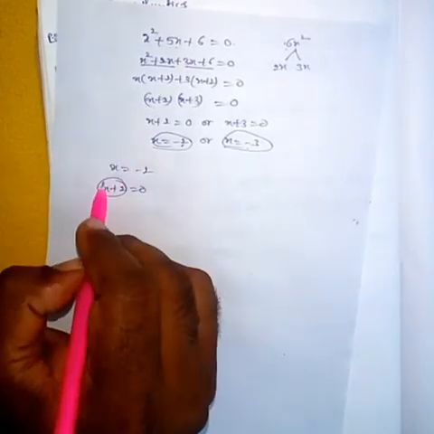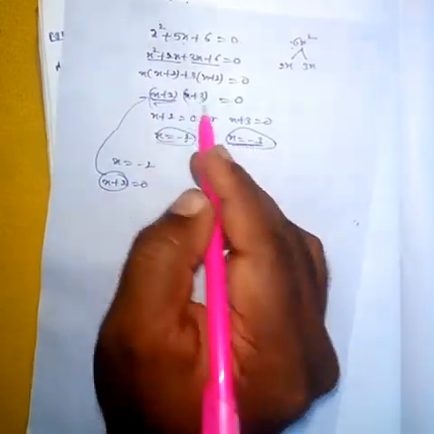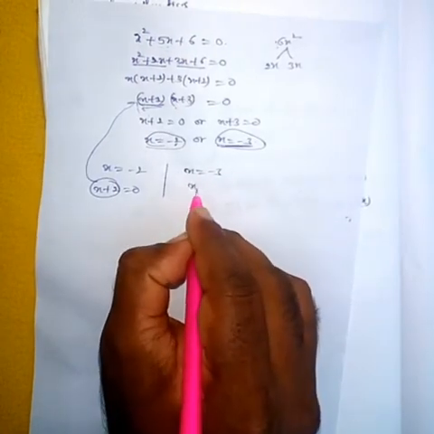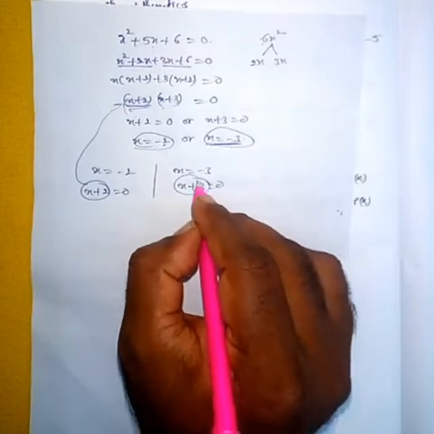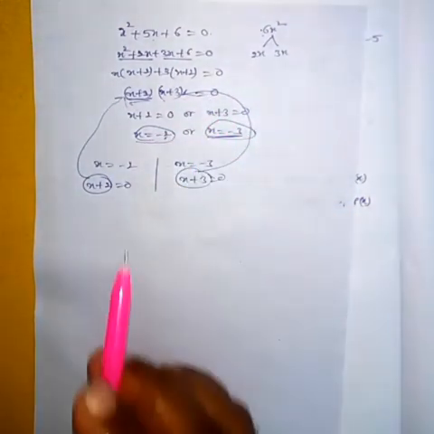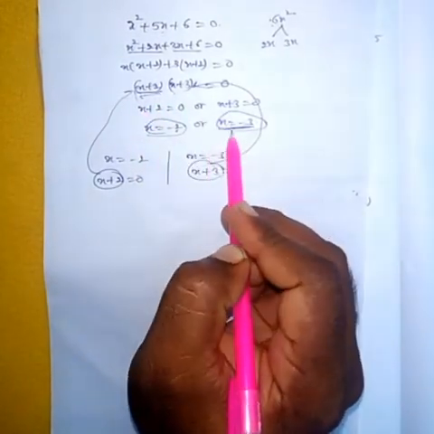So this is one of the factors. And from this also you can get the remaining factor. Here x equal to minus 3, and if you transpose this you get x plus 3 equal to 0. So this is one of the factors. So if you are given zeros, you can get the factors from the zeros.